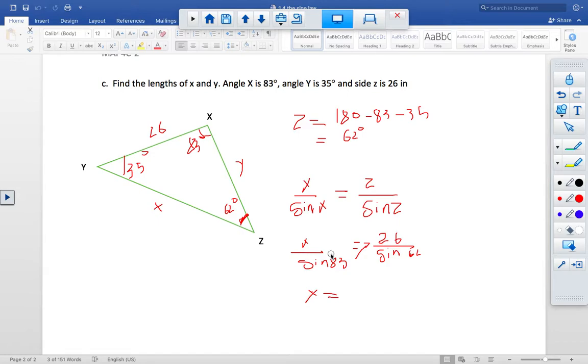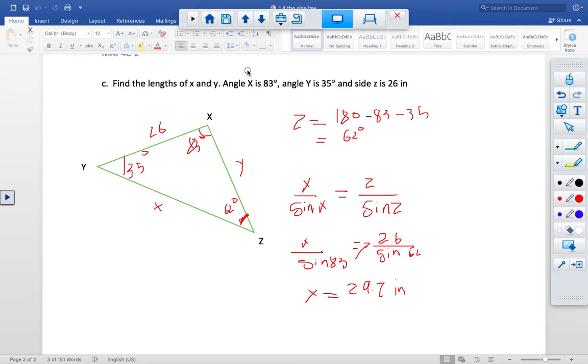So again, it's 26 times sine 83 divided by sine 62. So your answer for this should be 29.2. And that will be in inches since this is in inches.